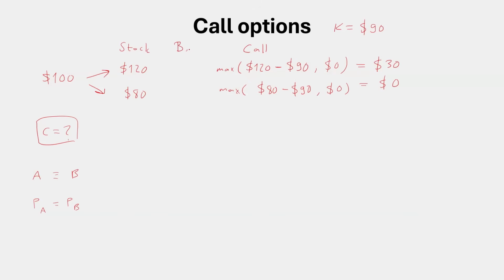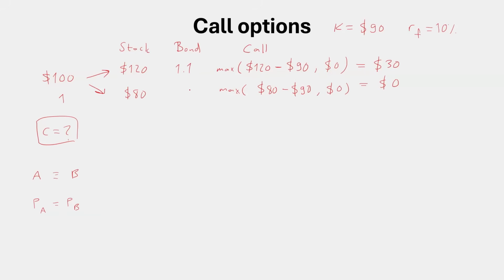Okay, so how to form this replicating portfolio? That's where we need to introduce a new asset into the setup, and that's a risk-free bond. So let's say this risk-free bond yields a 10% return over the same period. Okay? So for example, if I purchase 1 unit of that bond, at the end of the period, I will have a 10% return and 1.1 value.